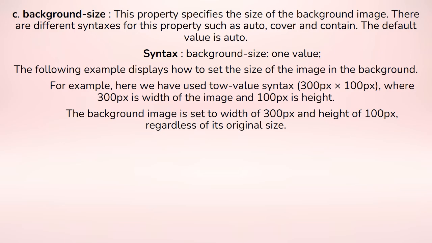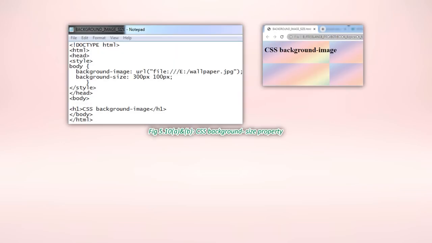For example, here we have used the two-value syntax 300px 100px, where 300px is the width of the image and 100px is the height. The background image is set to a width of 300px and a height of 100px, regardless of its original size.